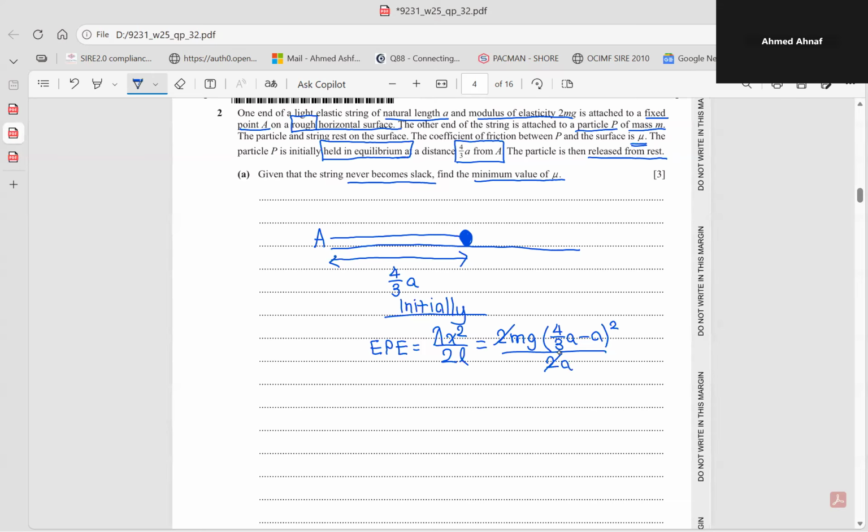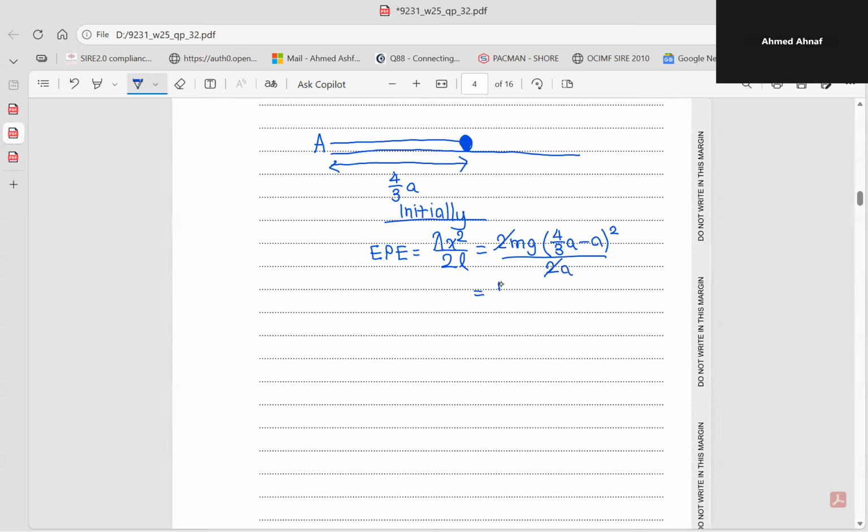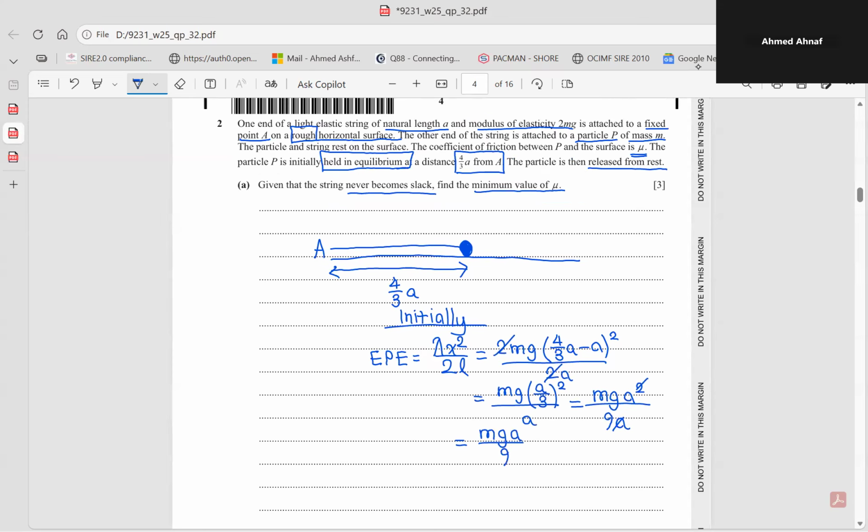So the 2s cancel out, equals mg, a over 3 squared over a. So then you get mga squared over 9a. The a's cancel out. Therefore, the final answer is mga over 9. So this is the initial EPE.